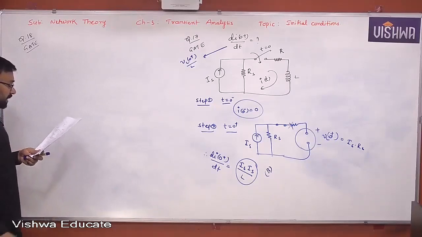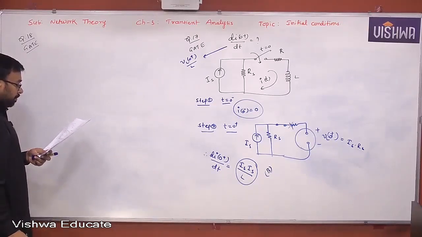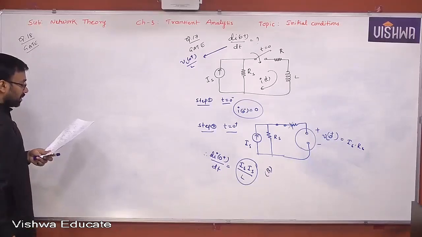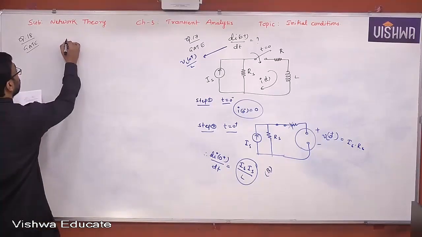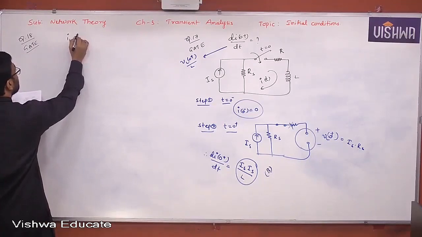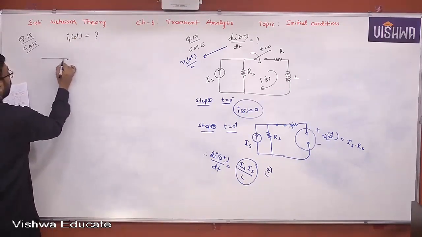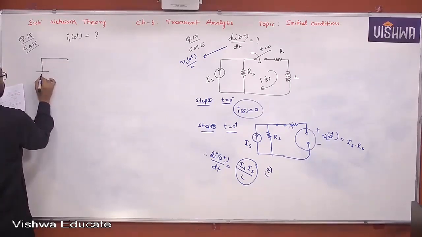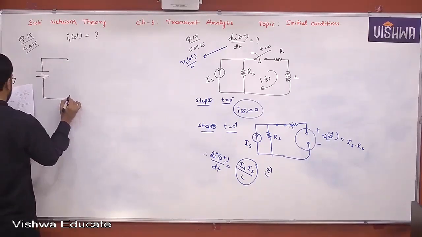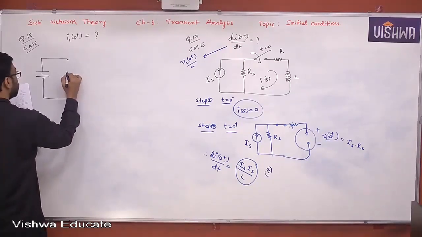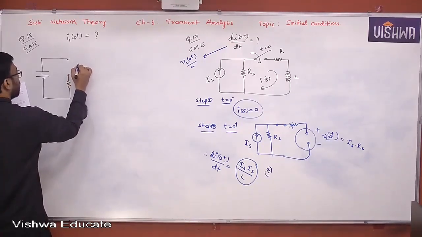Assume that the switch S is in position 1 for a long time and thrown to position 2 at t equal to 0. At t equal to 0 plus, the current I1 is, that means I1 of 0 plus is asked. Okay, let me draw the circuit.